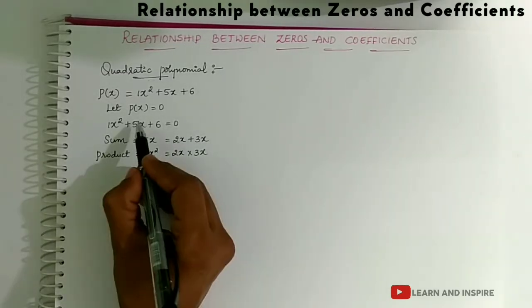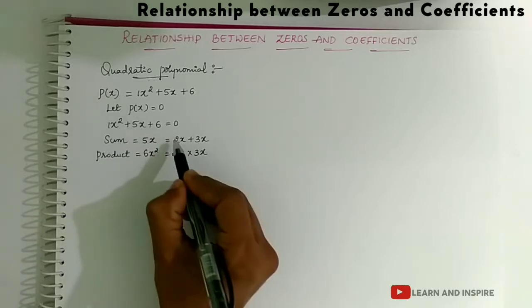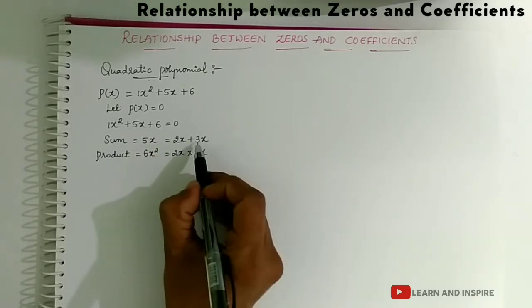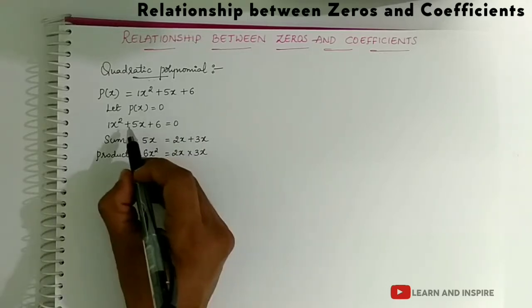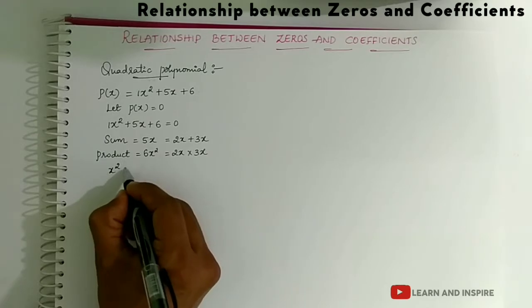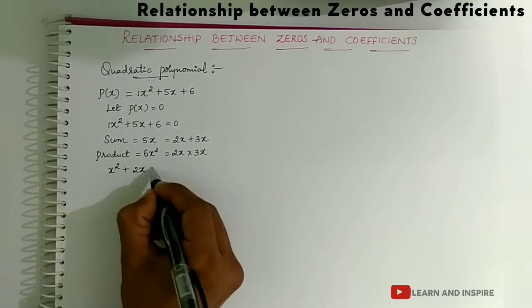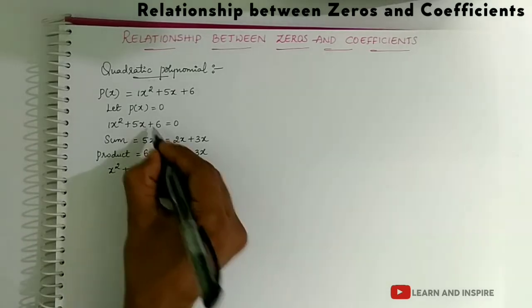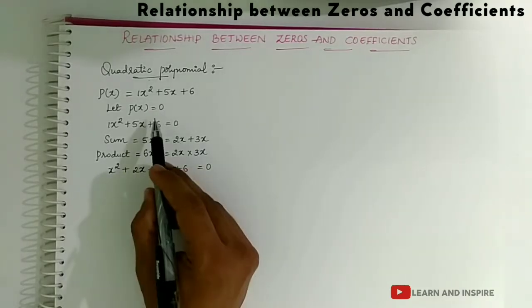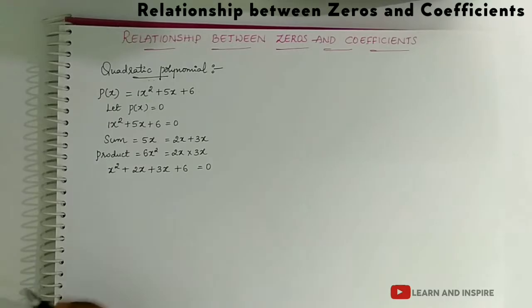Now in place of 5x, I write 2x plus 3x because their sum is 5x. So x square plus 2x plus 3x plus 6, as it is, which is equal to 0 because the polynomial is equal to 0.